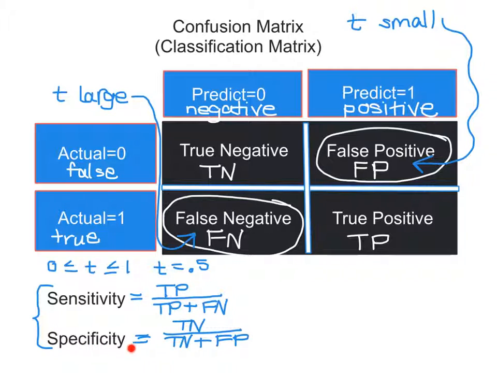This is also known as the true negative rate. A model with a threshold that is high will have a lower sensitivity and a higher specificity. A model where the t-value is lower will have a higher sensitivity and a lower specificity.